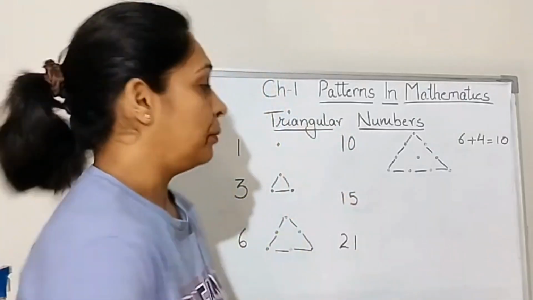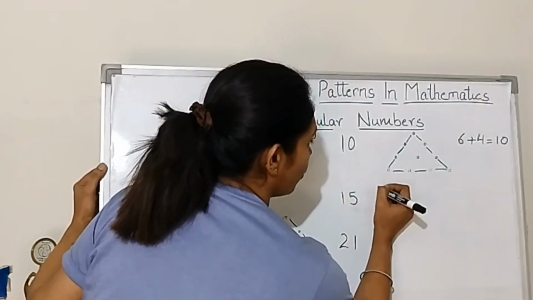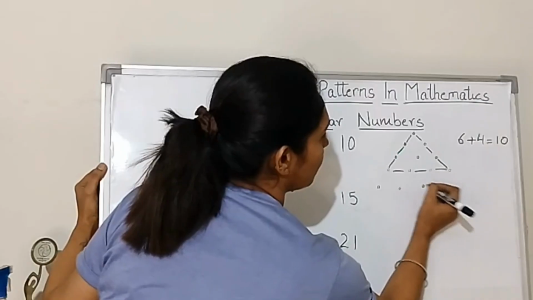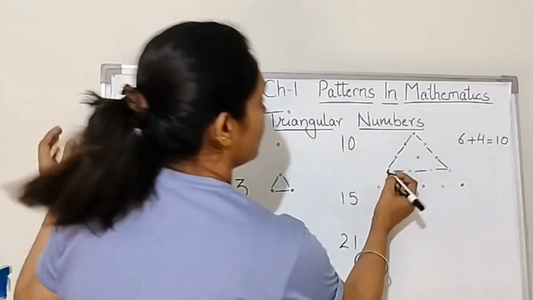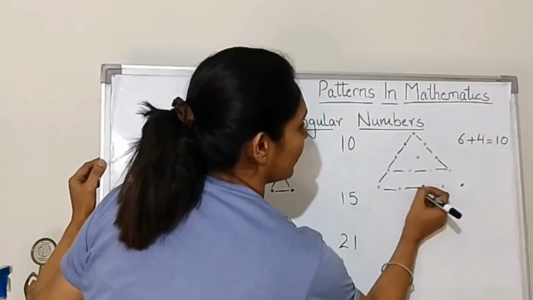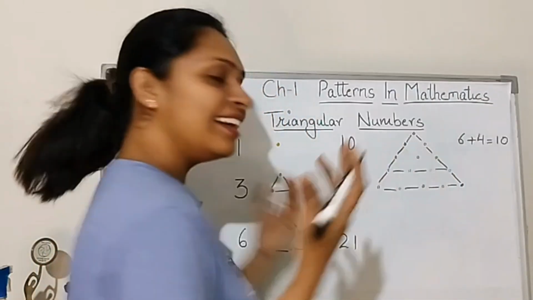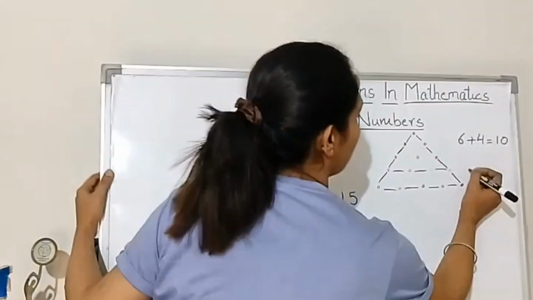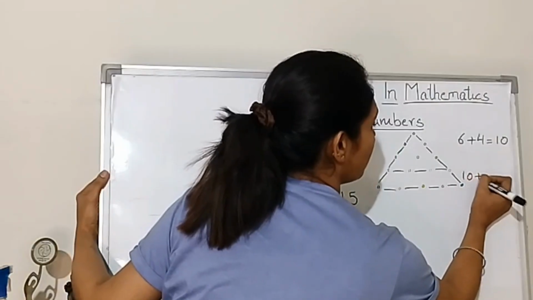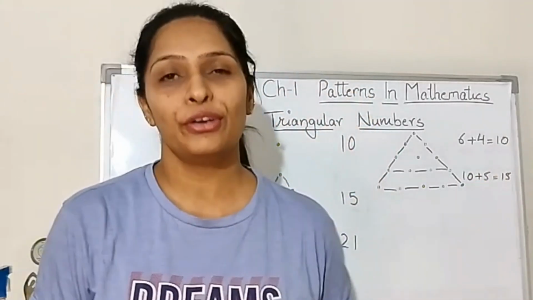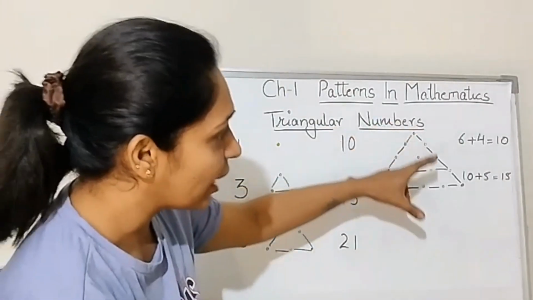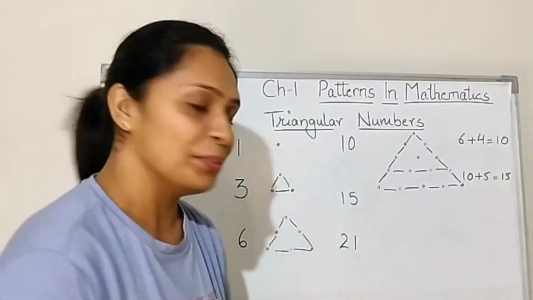So for 15 now, we will add on this only. If I put up now 5 dots to it, this is going to be again a triangle. So how did we get 15? 10 plus 5 equals 15. I'm sure you have got the pattern now, how actually we are getting the numbers.